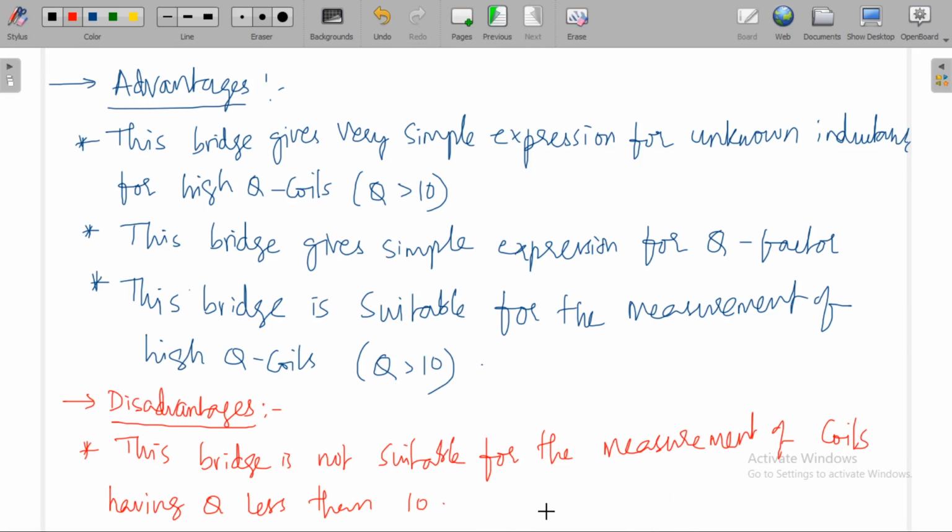If Q is less than 10, this bridge is not suitable for the measurement of coils. If Q is greater than 10, then only this bridge is suitable for the measurement of coils.